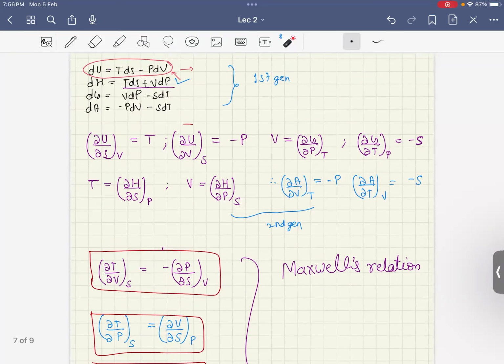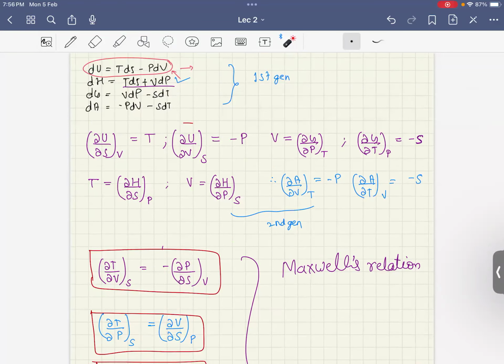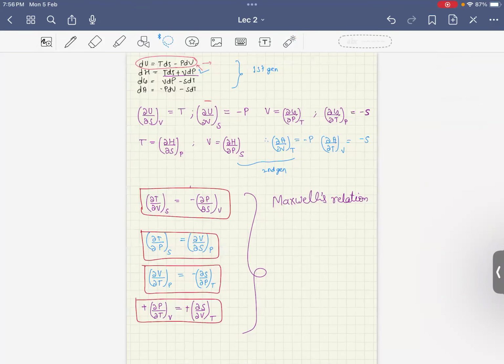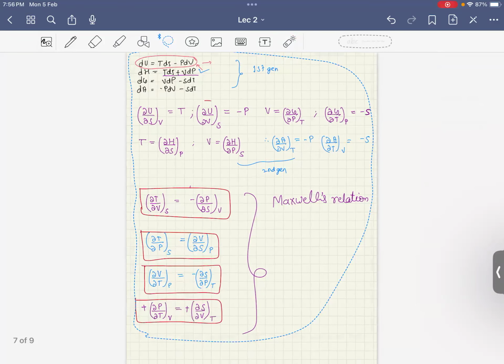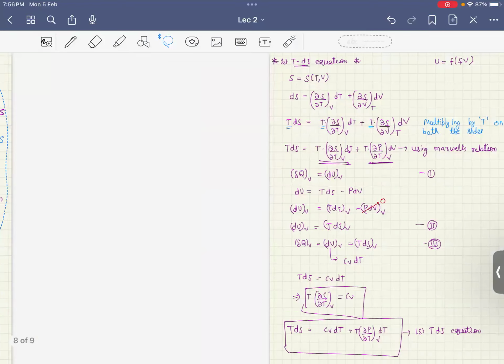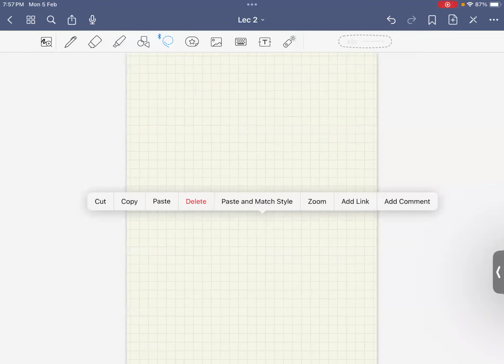So in the first equation, TdS is equal to CV dT plus T, copy, just paste here.